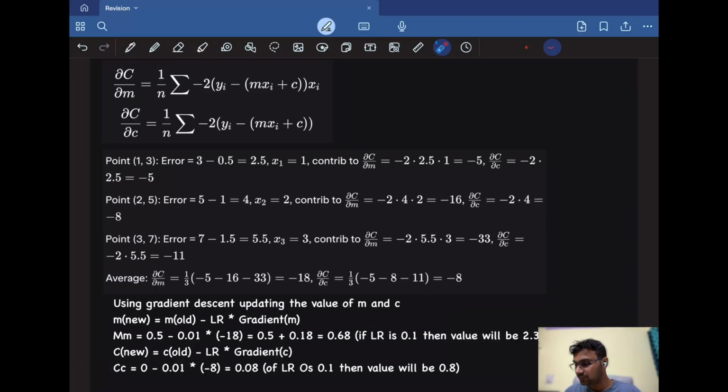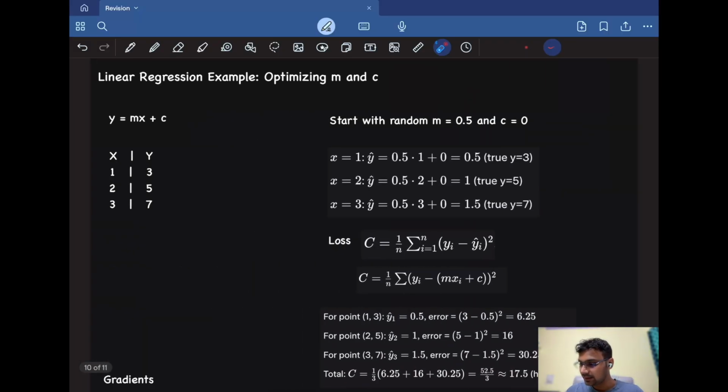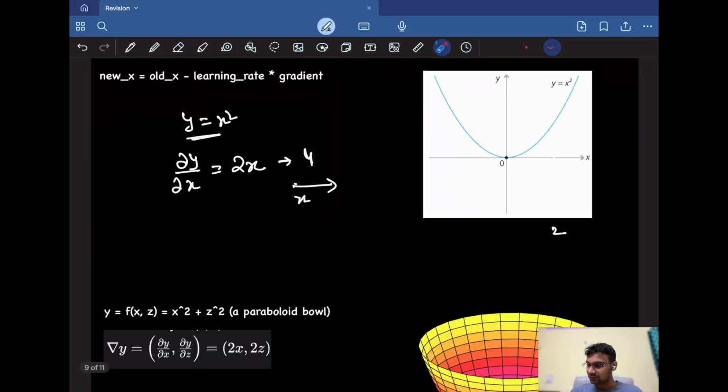And the more we repeat this iteration, the closer we get. If we calculate the loss with the new value, it came out to be 13. So it is lower than 17, which we were already getting. So this is how gradient descent helps us select the direction in which we must move in order to reduce the loss.